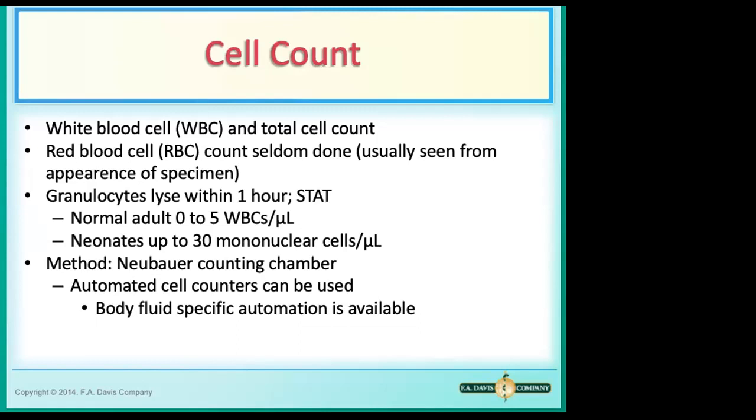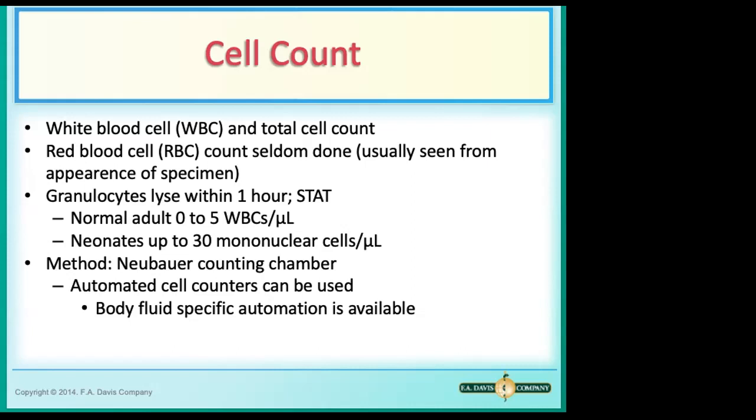But automation, obviously, when it is available, will be more precise. It provides standardization from lab to lab. If it's a stat specimen, it'll definitely provide a faster turnaround time for results. There are certain automated analyzers, CBC analyzers, that can perform cell counts. But in a lot of labs, I must say that automation is not performed, and they still do these counts manually.